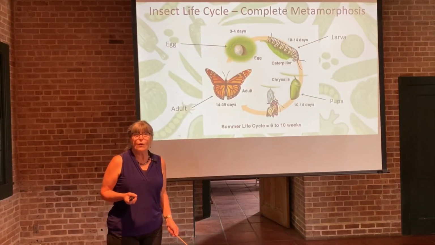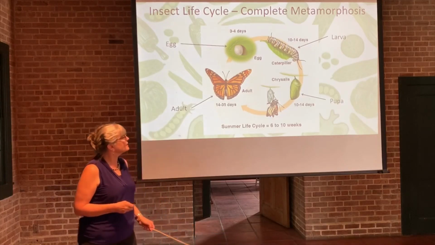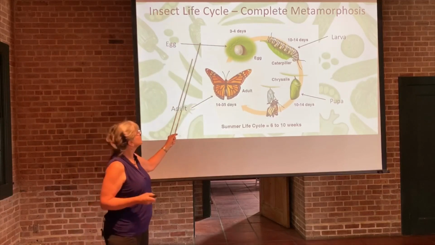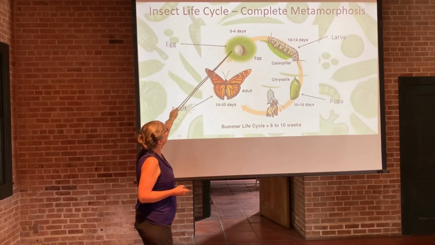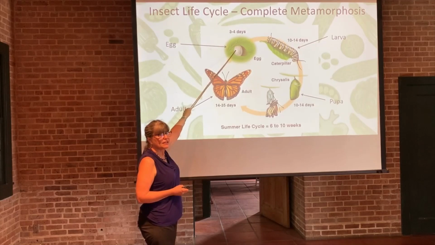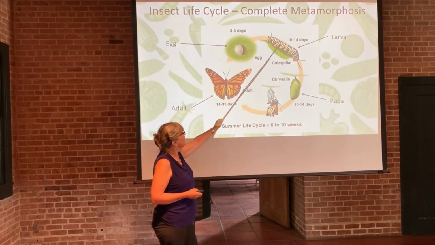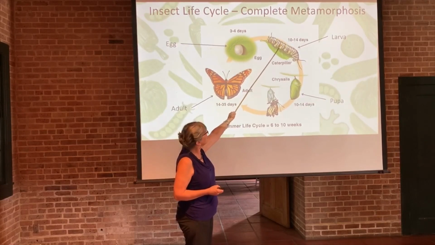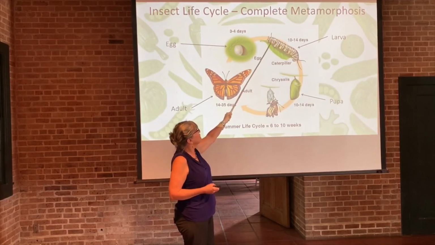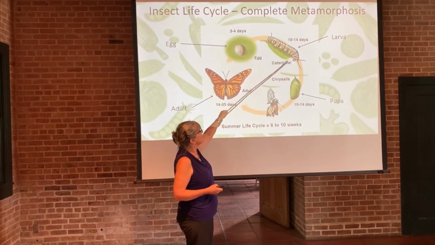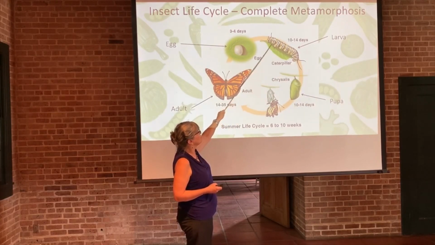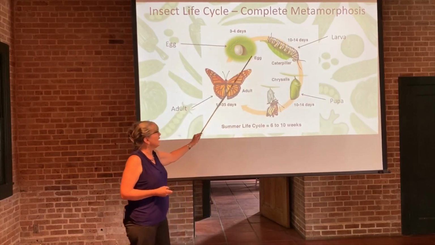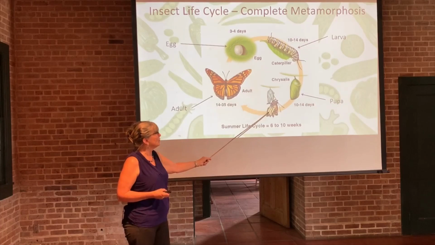A little review on insect metamorphosis. Okay, just a review. We've all learned this at some point in our lives, but we don't think about this stuff, so let's review it. Eggs. An insect lays an egg. It's in the egg stage for 3 to 4 days, and then out hatches a caterpillar. The caterpillar eats and grows for a couple of weeks, and then eventually goes into pupation, which means it either spins a cocoon if it's a moth, or if it's a butterfly, it forms a chrysalis, which it stays in for a couple of weeks, and then out will emerge a full-grown adult.